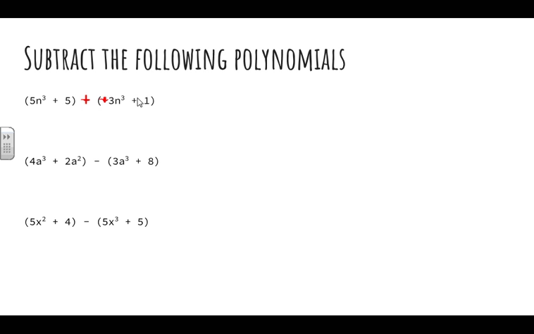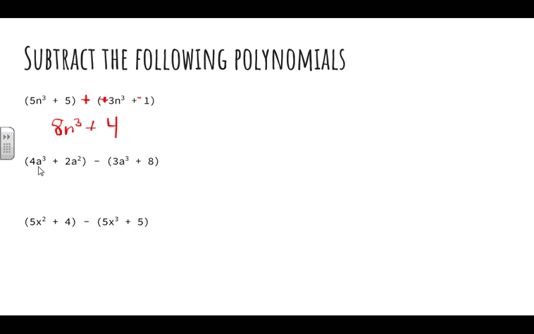And this positive 1 is going to become a negative 1. So now let's add up our like terms. 3n cubed plus 5n cubed is 8n cubed. 5 plus negative 1 is 4. So we get 8n cubed plus 4.